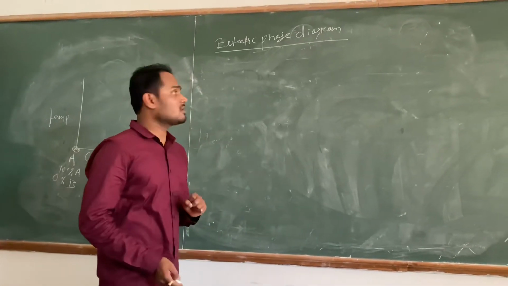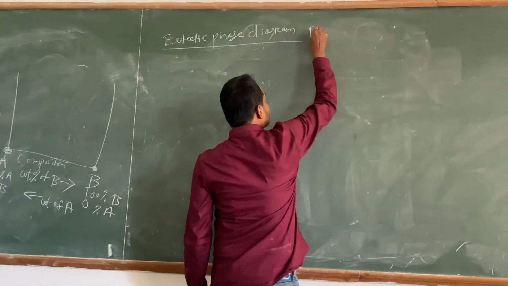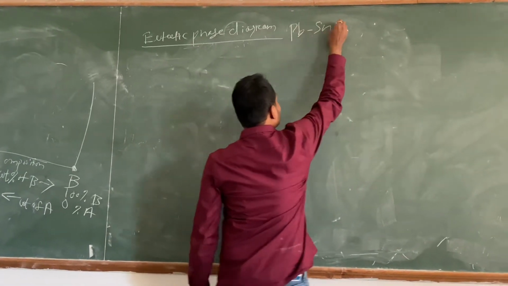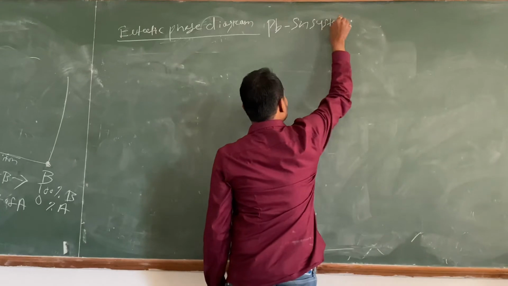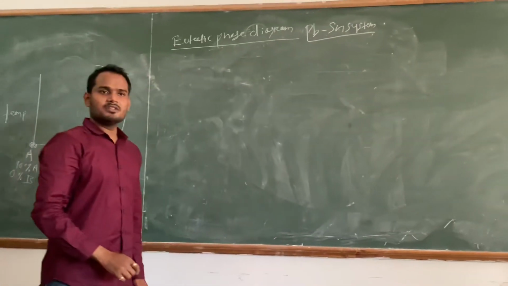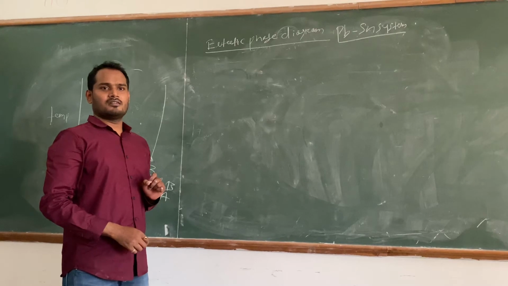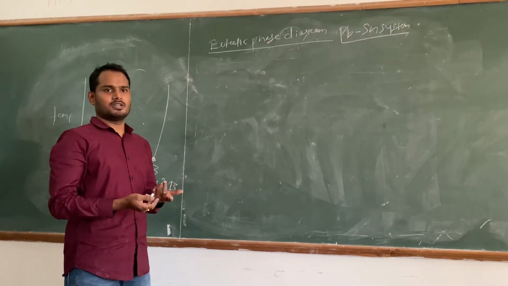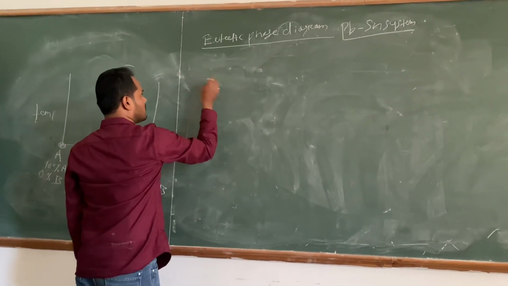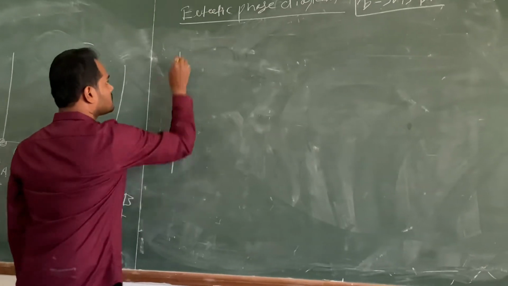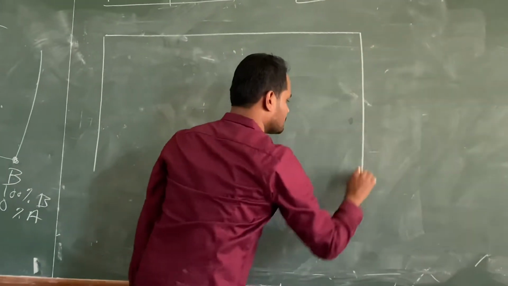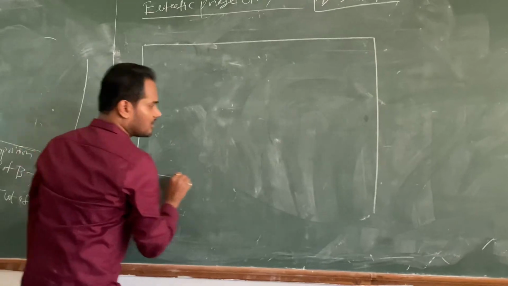The best example I can give you is the lead tin system. The lead tin system forms a eutectic alloy, basically, not exactly a compound. Suppose this is the diagram.